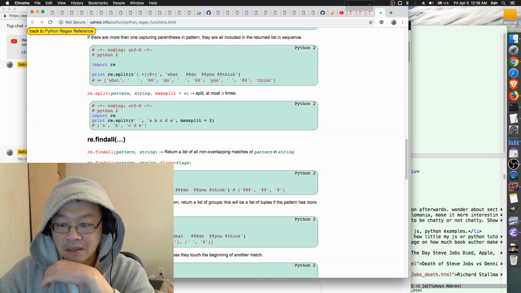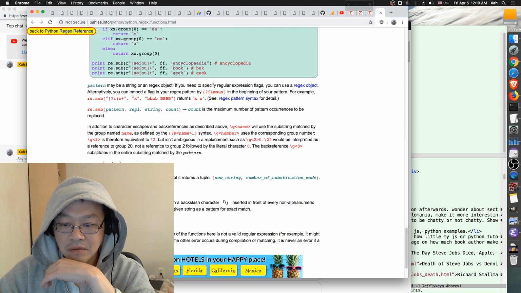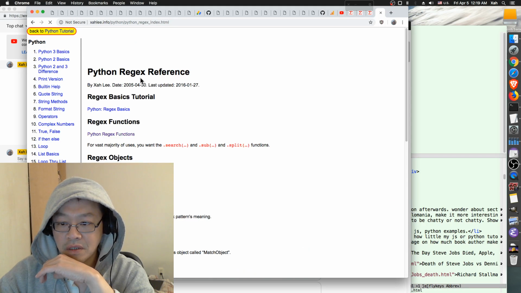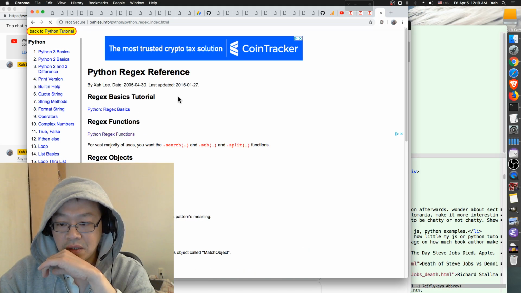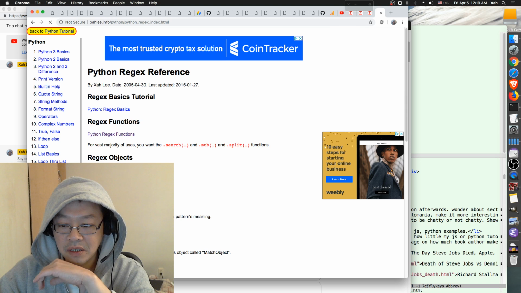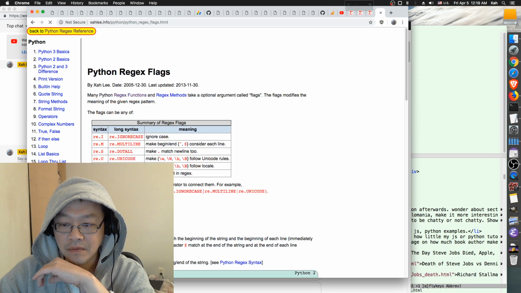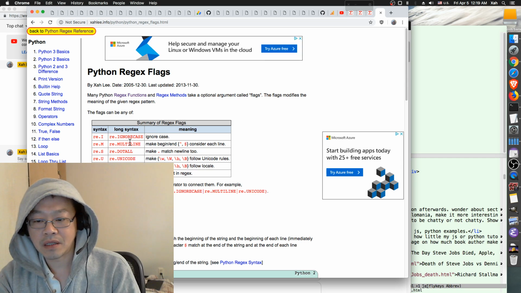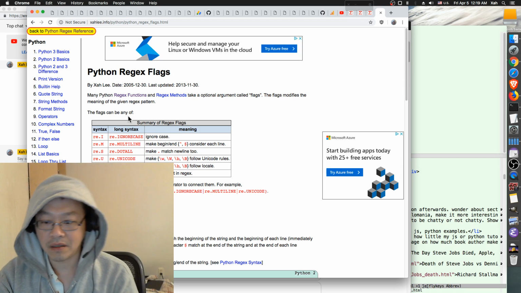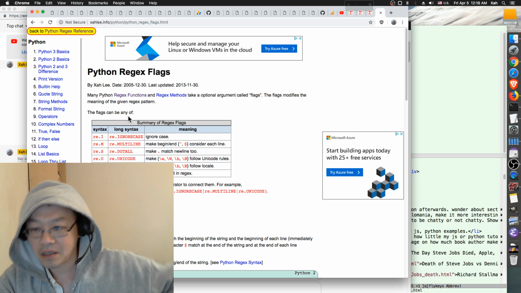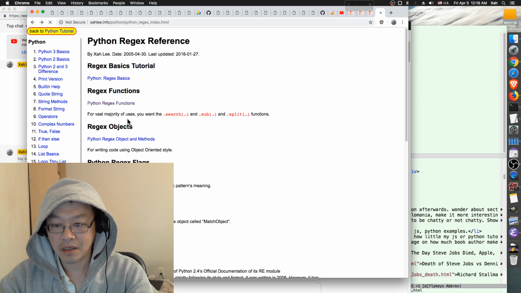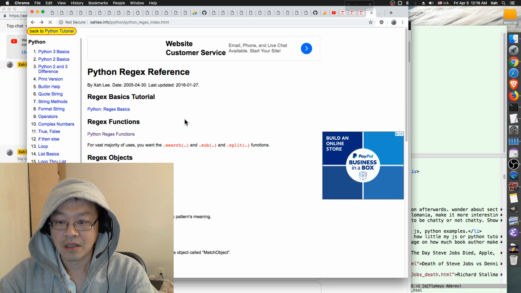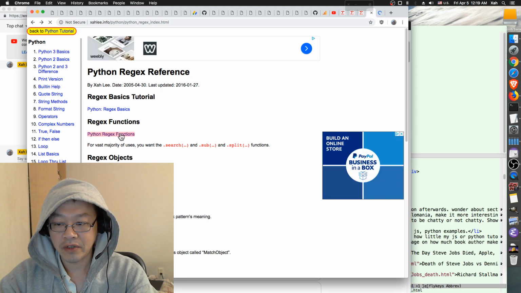It's flags, but let me show you where it is. Python regex flags. Okay, so let me talk about this. Okay, so Python regex, let me go back. Hold on a second. Python regex flags.